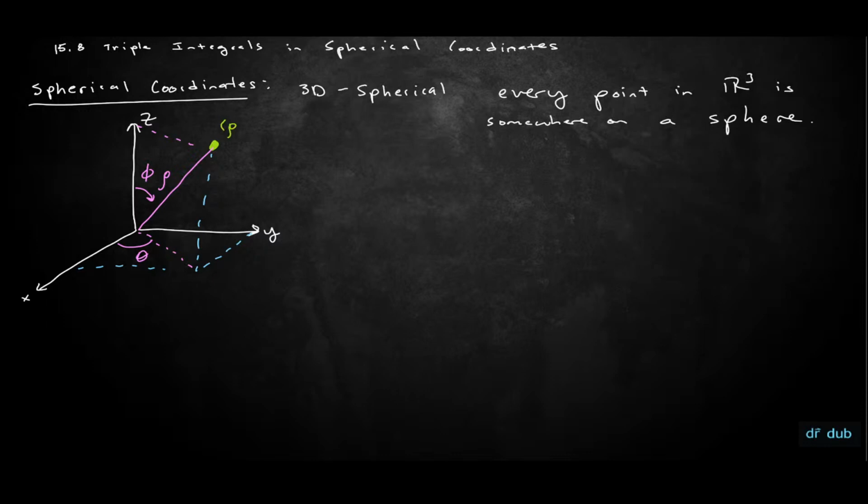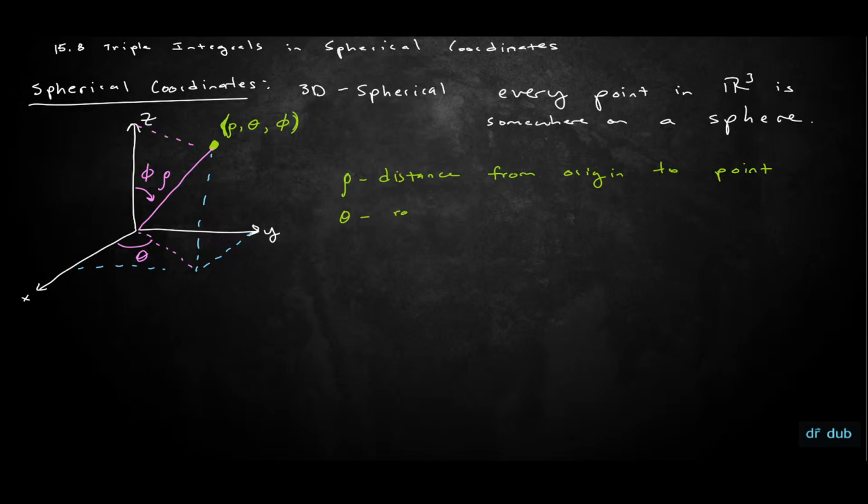So rho is the distance from the origin, theta is the angle off the x-axis, and phi is the angle off of the positive z-axis. So down off the positive z-axis. So rho, the distance from the origin to the point.